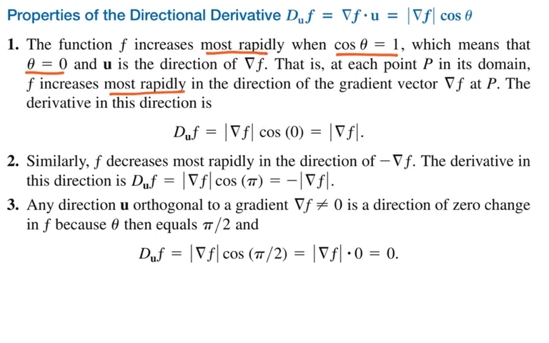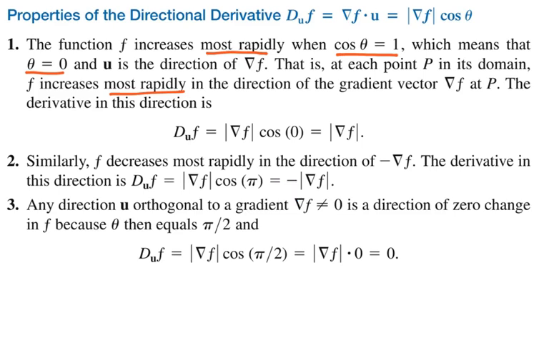And then similarly, it decreases most rapidly, goes down, in the direction of the negative gradient of f. And that occurs because we would be considering cosine pi, which is our minimum for our cosine theta graph, which is -1.